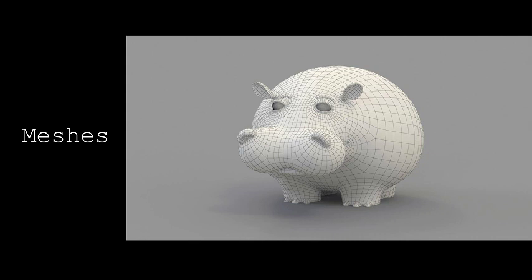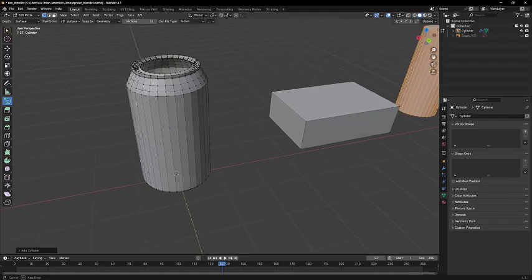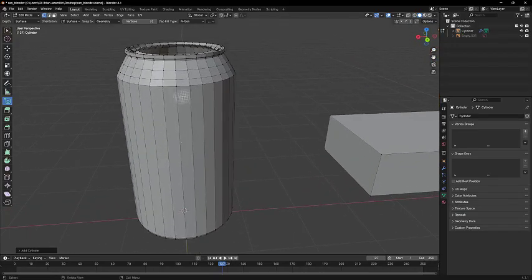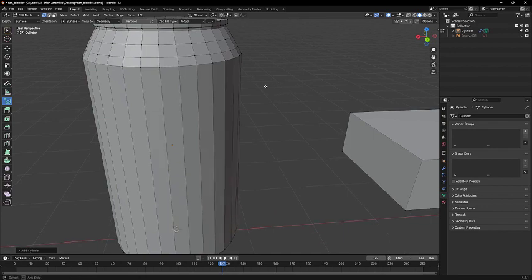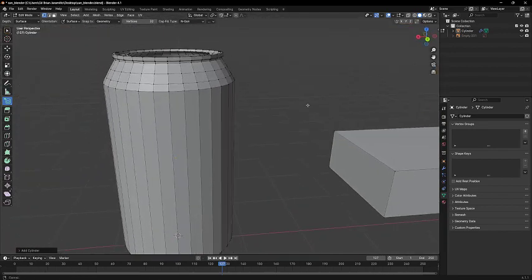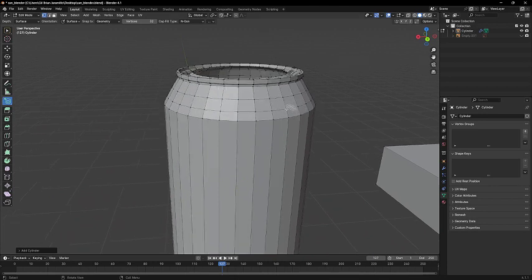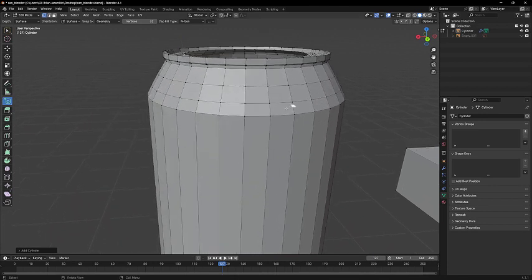So here we have a can model. These are the vertices. This is the polygon that is made up of the vertices, the dots, and the lines.